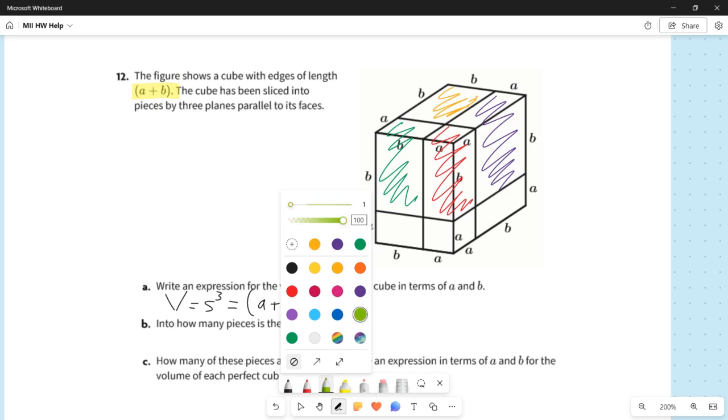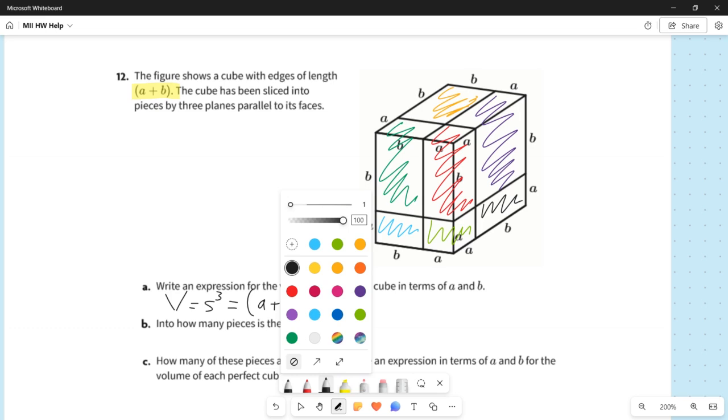Then we've got what's beneath the very exposed piece. We can tell that there's another piece here. So that's 1, 2, 3, 4, 5, 6, 7.